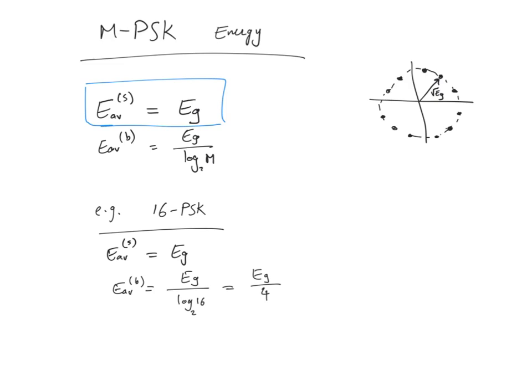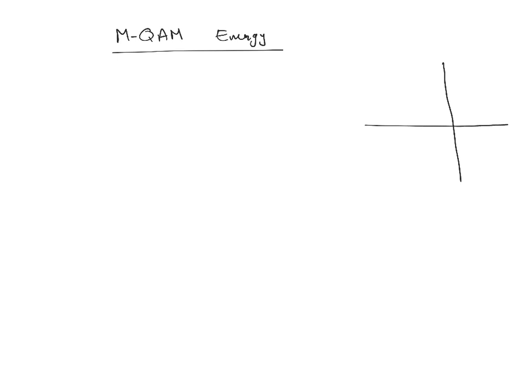Now the next one is going to be the QAM. So M-ary QAM energy. Okay. Now for the QAM, again, let's just look at the constellation diagram. So for an M-ary QAM, remember how it's done, right?